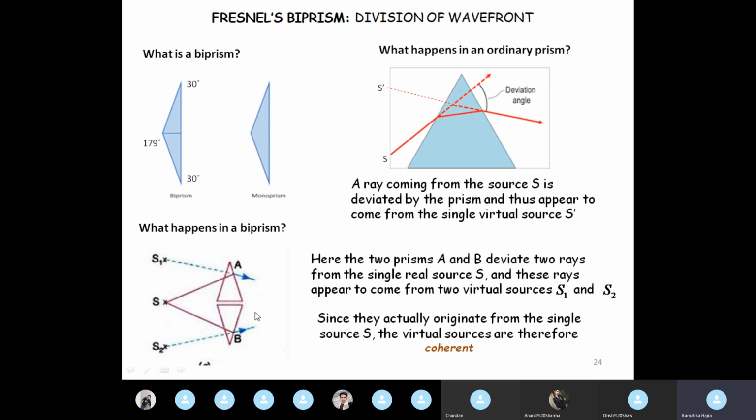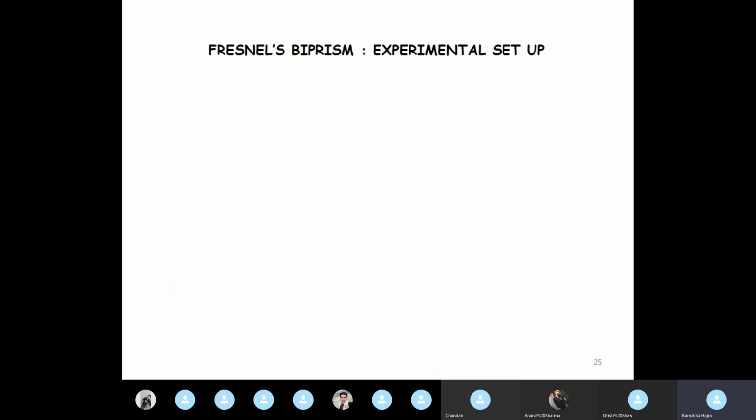And since these rays actually originate from the single source S, the virtual sources are therefore coherent. Okay, so this is the principle used in the biprism, where you separate the wavefront and produce two coherent sources from one single source. All right.